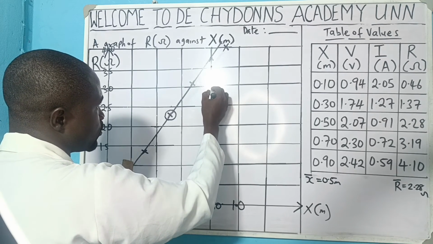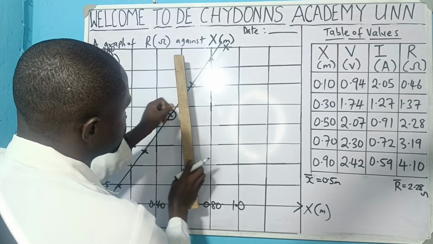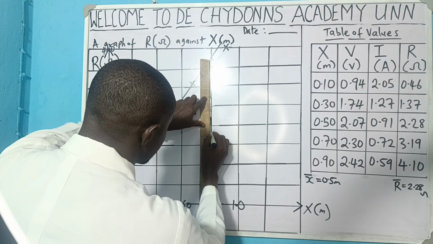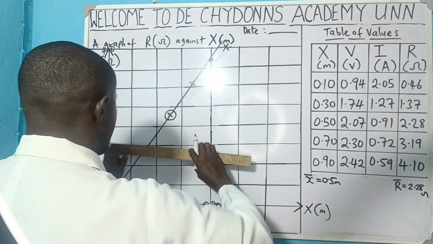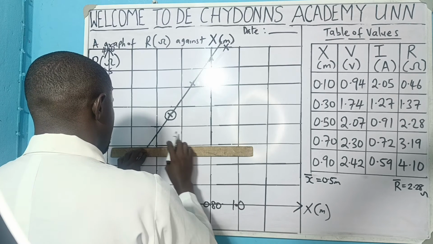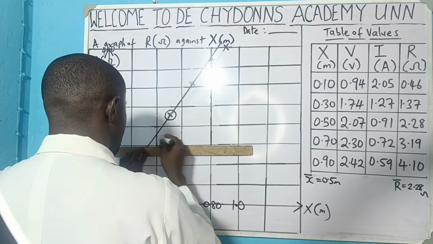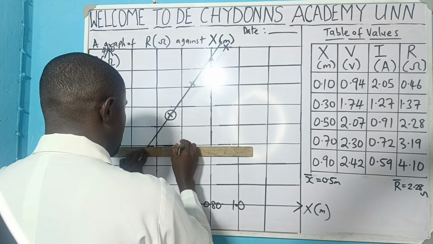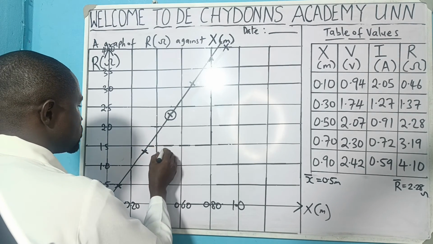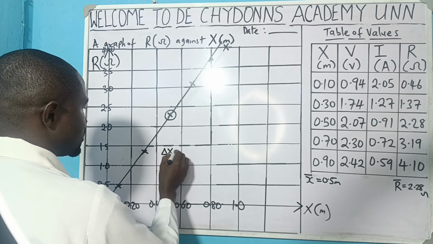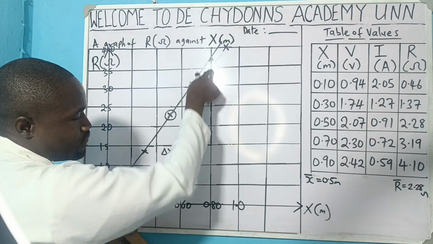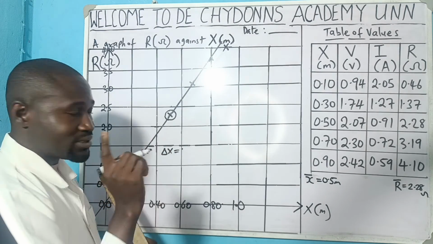So what we need to do now is find our slope. Use your ruler to rule it so that it is straight. Then connect it to this. So this becomes the change in x, equal to where the vertical and horizontal axes meet.